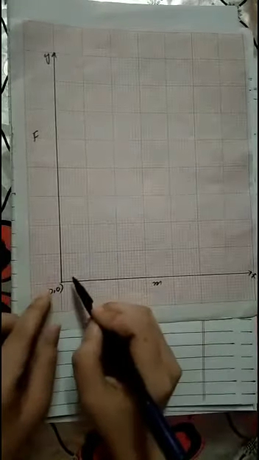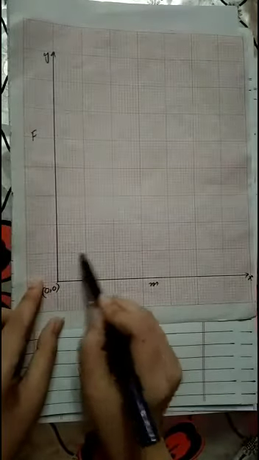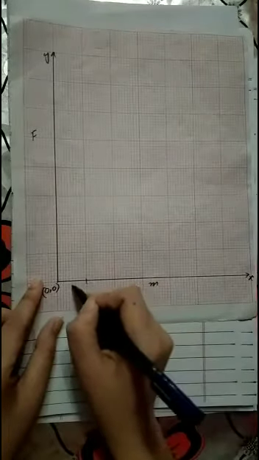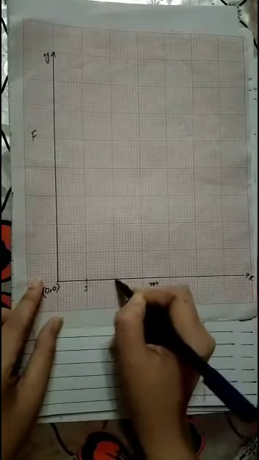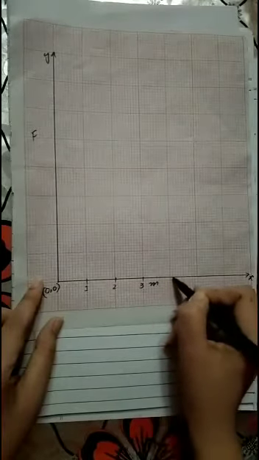Now we will select a scale by ourselves. We will consider that one big block in the horizontal direction is equal to 1 centimeter, 2, 3, 4. These are the horizontal direction.